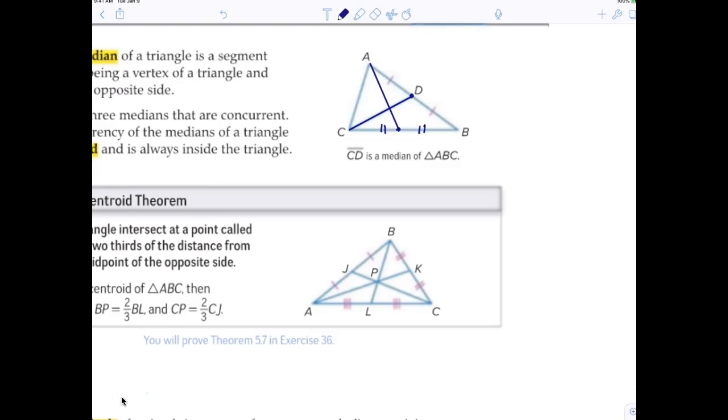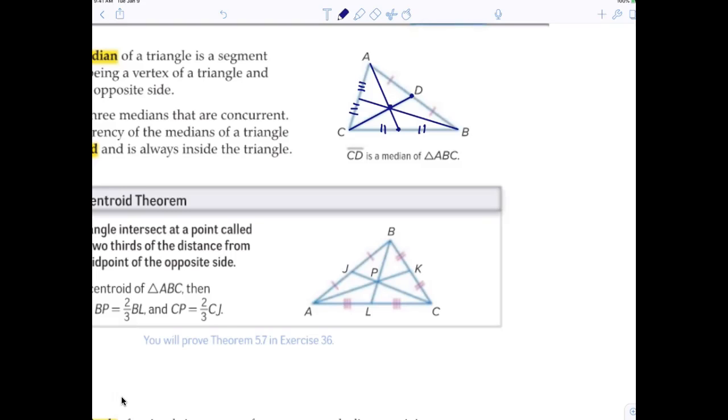That point of concurrency is called the centroid. So again, if I were to just draw from here to here through that point, that would automatically be equal to that. All right? So that point of concurrency is called the centroid.